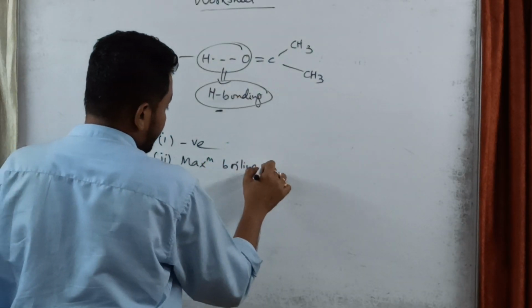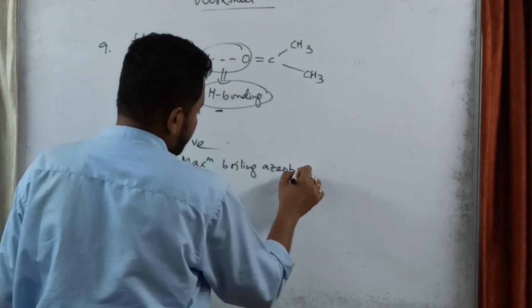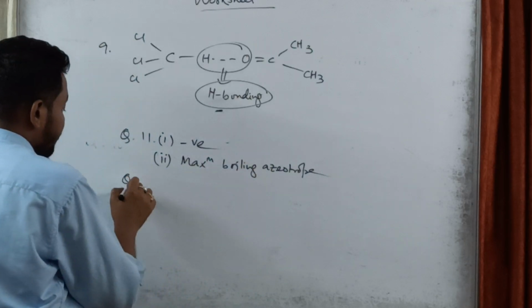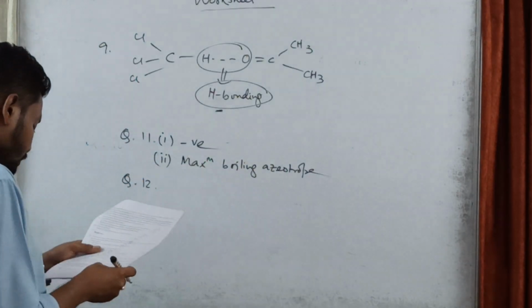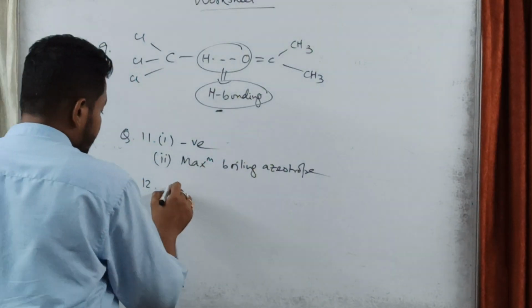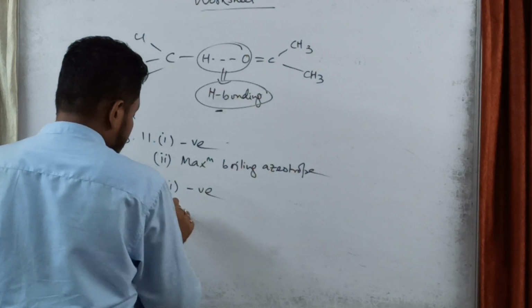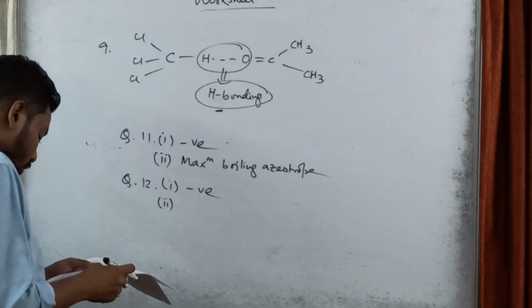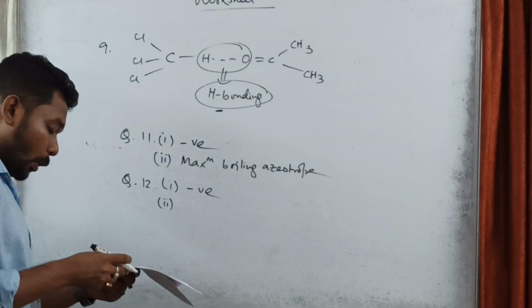Question number 12, they are asking about chloroform and acetone, again negative deviation, and why a decrease of vapor pressure is observed on mixing.